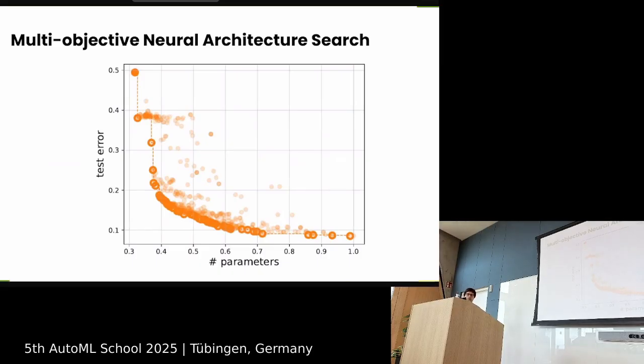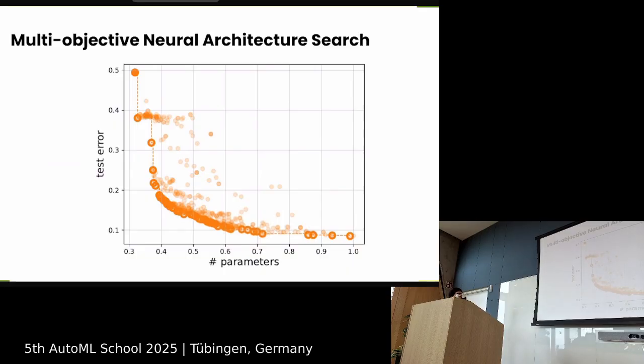So essentially, in a multi-objective setting, you don't have a single solution anymore that optimizes all of your objectives at the same time, right? Because you have those conflicting objectives, you come up with a Pareto front, right? Essentially, each point on this Pareto front, with this dashed line here, dominates all the other points in your search space, right? So each point here is essentially one architecture, and we want to minimize here test error and parameter count.